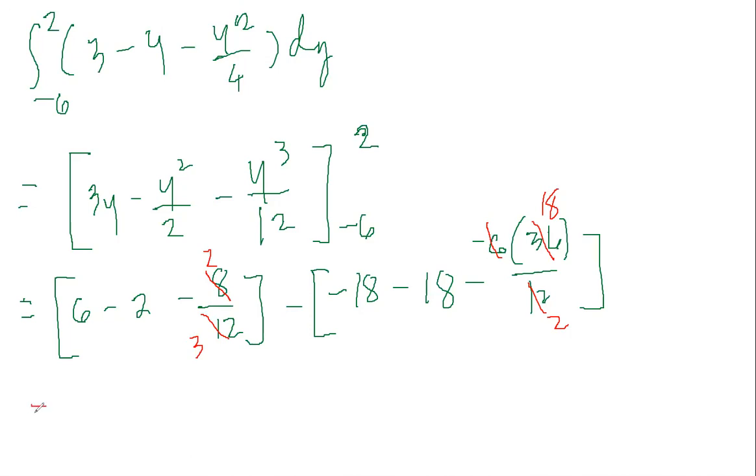So let's solve it now. This becomes 6 minus 4 minus 2/3 minus, okay, let's check. This becomes positive, this becomes negative.